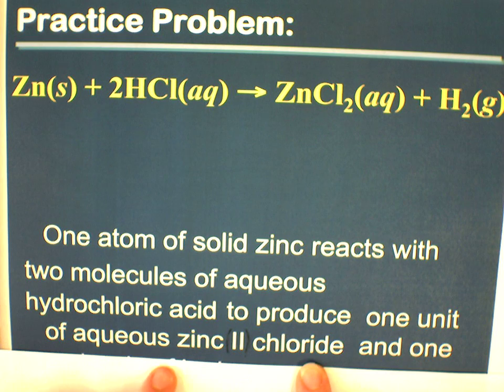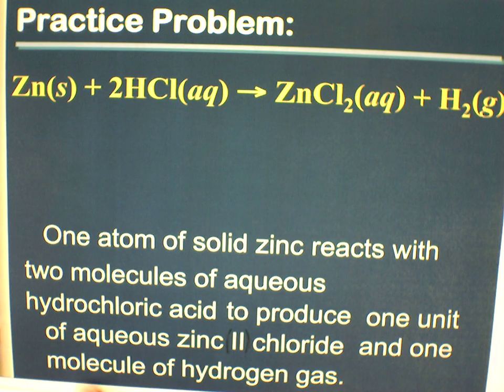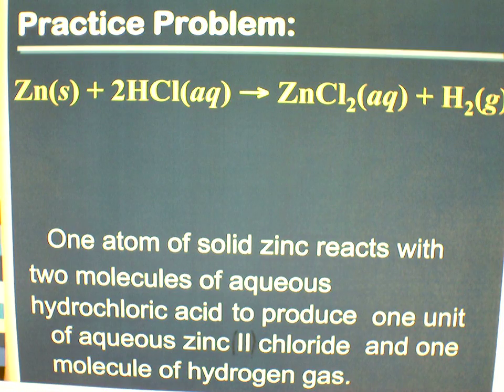Zinc 2 chloride, and 1 molecule of hydrogen gas. So 1 atom of solid zinc reacts with 2 molecules of aqueous hydrochloric acid to produce 1 unit of aqueous zinc 2 chloride and 1 molecule of hydrogen gas.